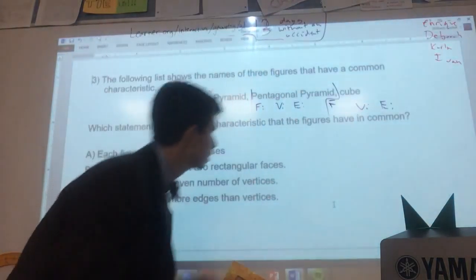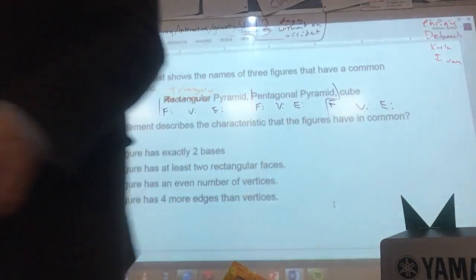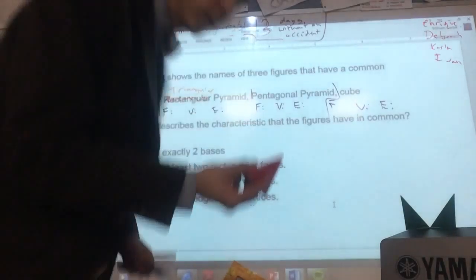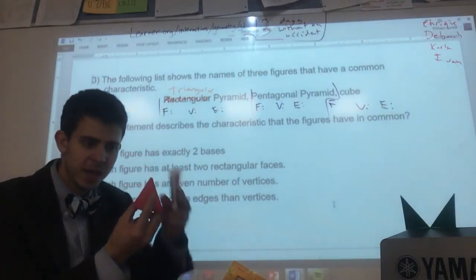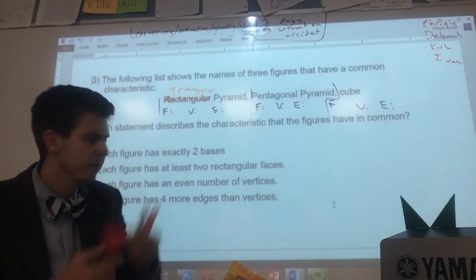Okay, so for the triangular pyramid, here's the triangular pyramid. For the number of faces, it's got 1, 2, 3, and 4.